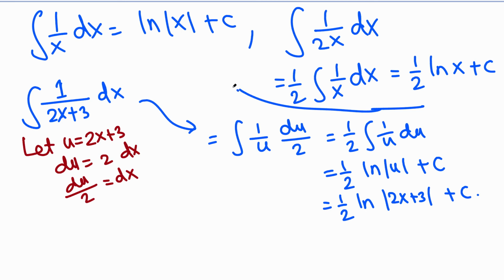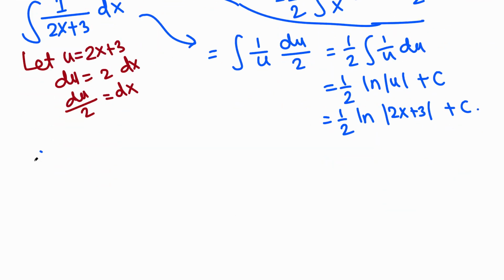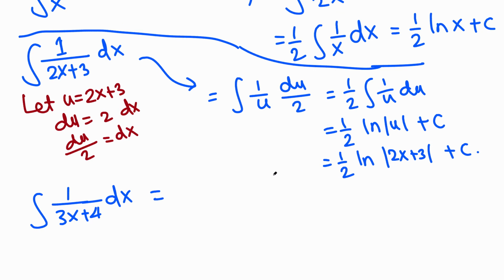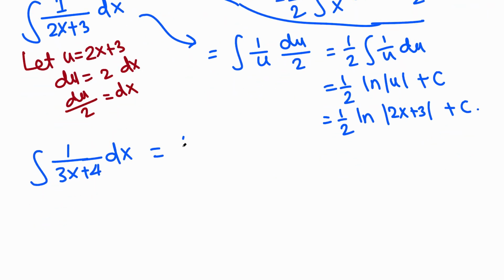If I have 1 over 3x plus 4, not 3x squared, just 3x plus 4, using this rule, all we have to do is take the natural log of the bottom, but the derivative of the bottom is 3, and we need to divide by that 3, so 1/3, plus c.